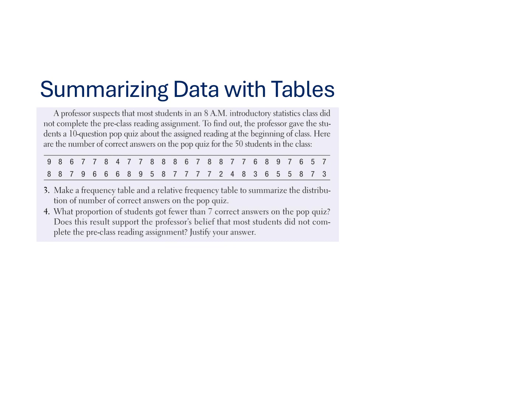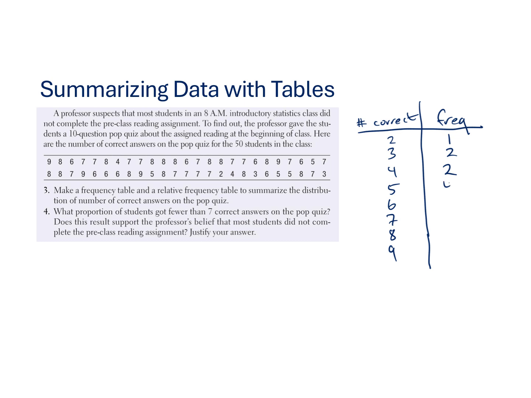Okay, so this is talking about some pop quiz and the number of correct answers. So I'm just going to say number correct. And then we'll start with frequency. So number correct, we got a 2, a 3, a 4, a 5, 6, 7, 8, and 9. And then I'm just going to put my frequency counts in here, what I saw for each thing.